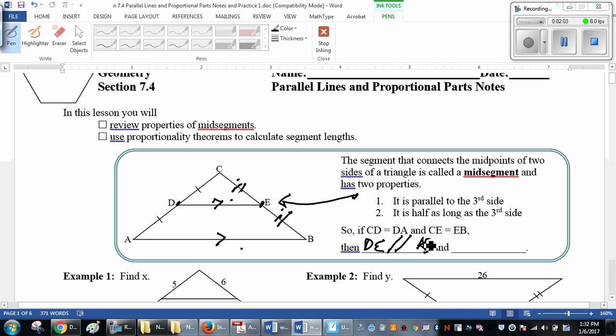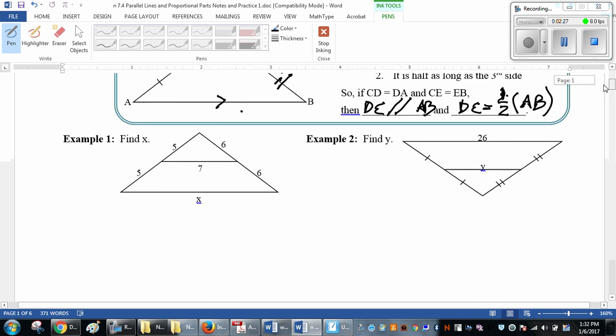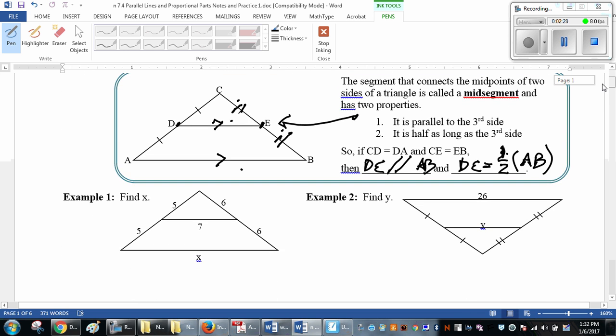And we also know that DE equals 1/2 the measure of AB, so we'll just write 1/2 times AB. Let's make sure you see that that's a 1. DE is parallel to AB, and DE is 1/2 of AB. Let's take a look at a couple quick examples. I'll leave that piece up for you there.